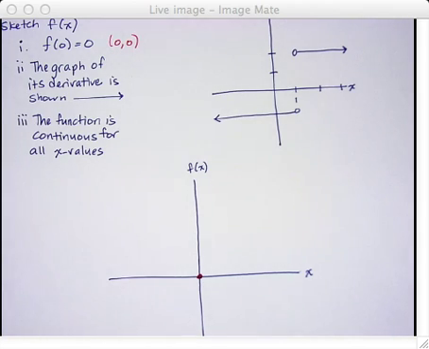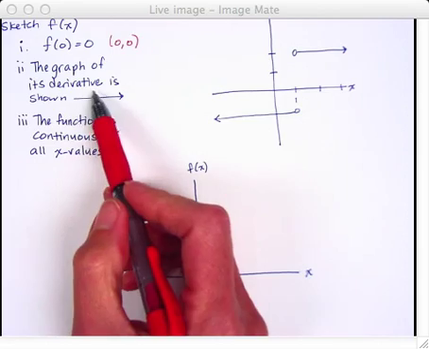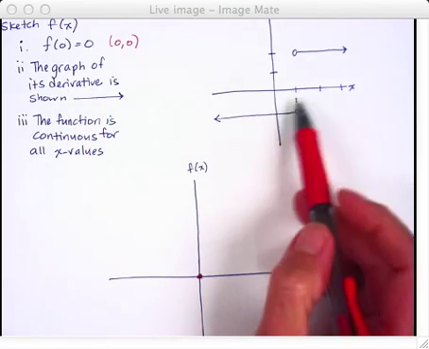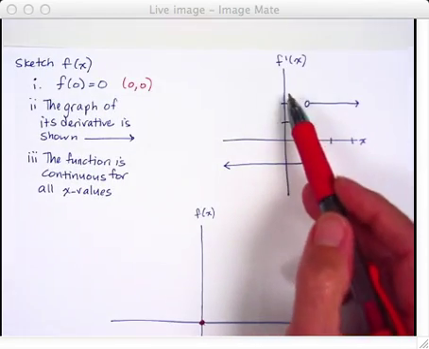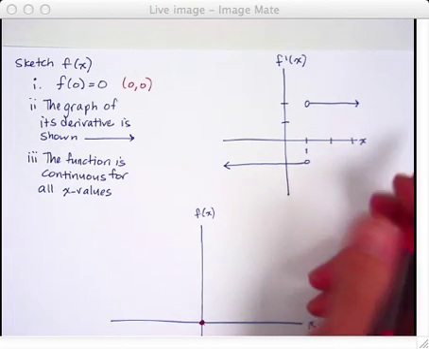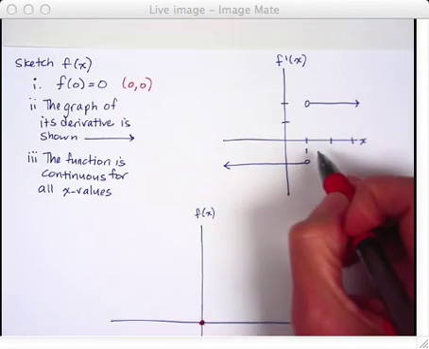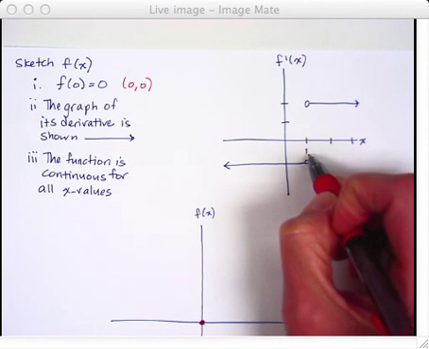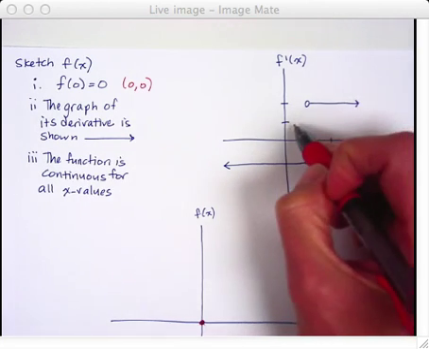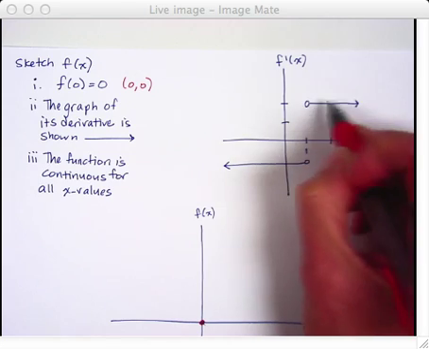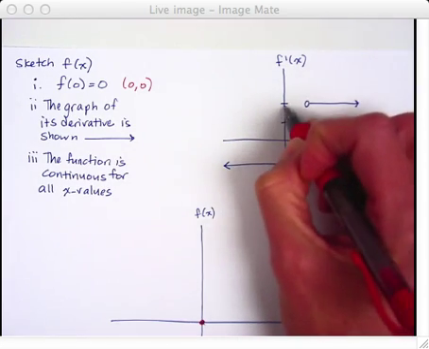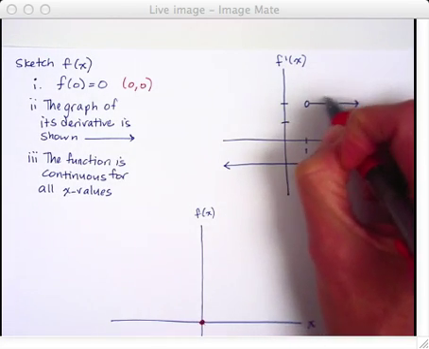Now the next part, I'm told that the graph of its derivative is shown over here. This is its derivative function, which represents the slopes of the tangent lines of my original function. Now notice here, from x equal to 1 and to the right, the outputs are constant. They are all 2, everywhere.